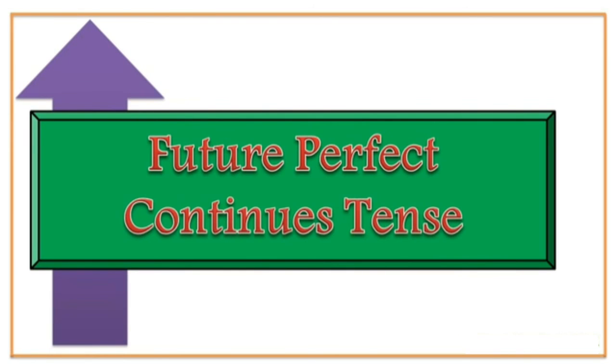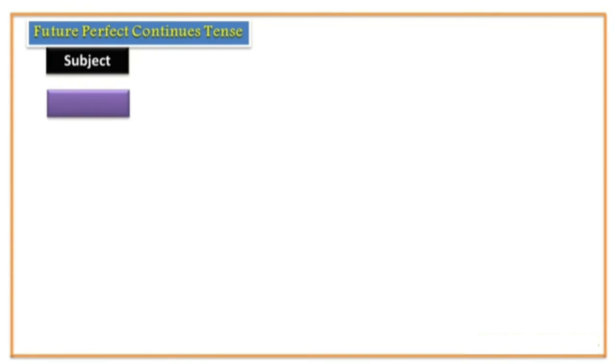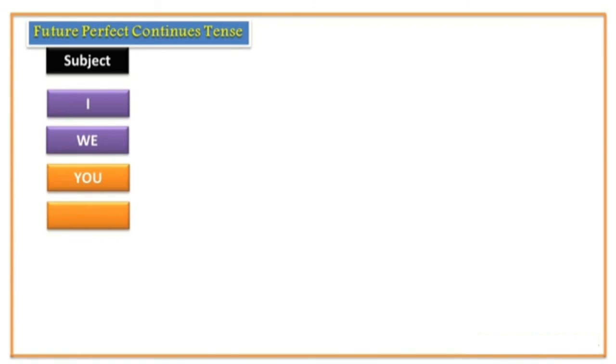The future perfect continuous tense is used to indicate an action or situation that will be completed in future time and yet it continues.